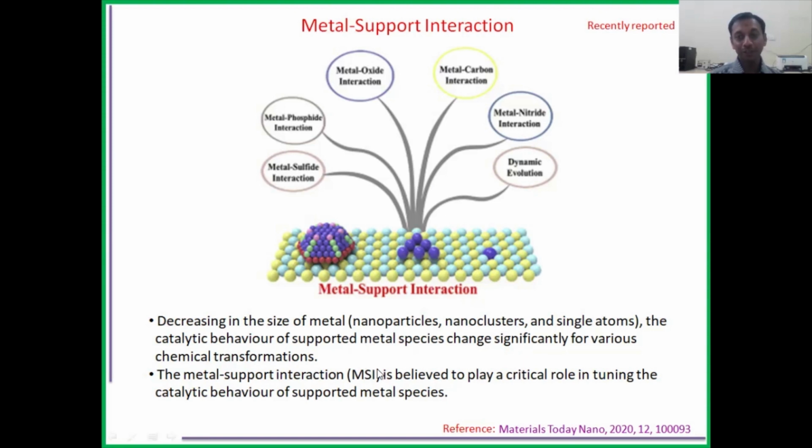And the metal support interaction, that is MSI, is very important, and it is believed that this MSI plays a critical and crucial role in the tuning of catalytic behavior for heterogeneous supported metal species. So this MSI is very important when we talk about heterogeneous catalysis systems.